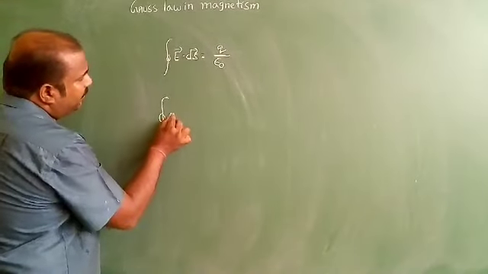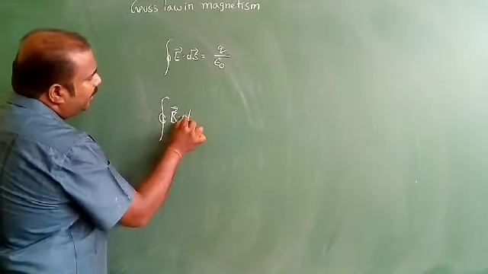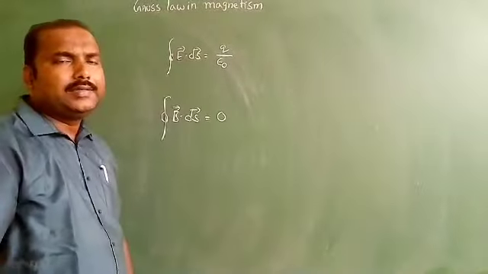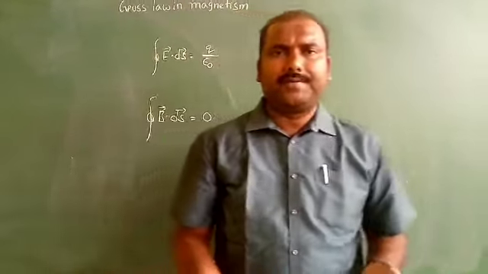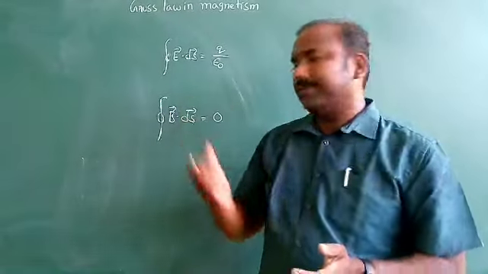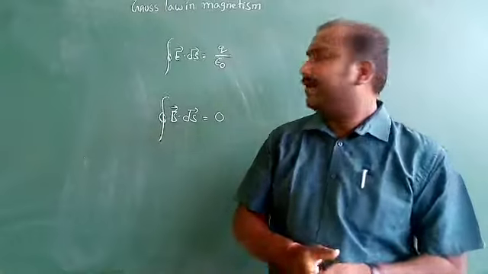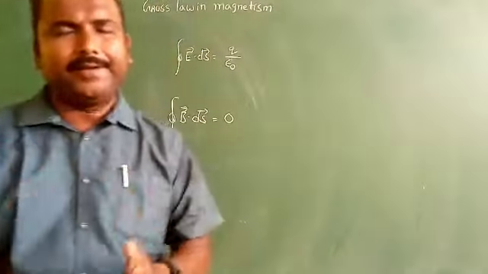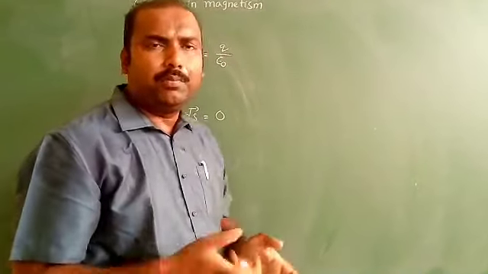The net magnetic flux through any closed surface, here instead of E it will be B, with the elemental area ds, is equal to 0. See, the net magnetic flux through any closed surface is equal to 0. Why it is 0? Because the net magnetic flux entering the surface and the net magnetic flux leaving the surface are both the same.